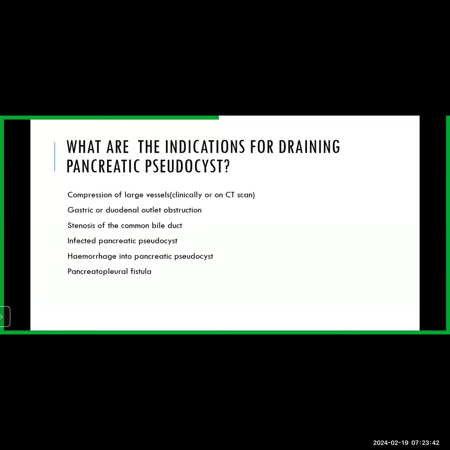Indications for draining a pancreatic pseudocyst: if there's compression of a large vessel clinically or on CT scan, gastric or duodenal outlet obstruction, stenosis of the common bile duct, infected pseudocyst, hemorrhage into the pseudocyst, a pancreatopleural fistula. These are the indications. And then there's the rule of 6.